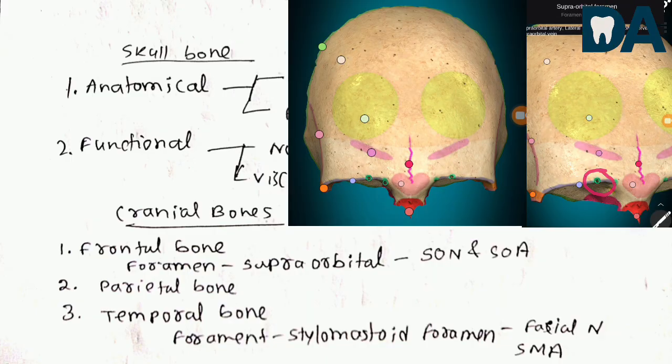Frontal bone. The frontal bone is the bone of the forehead and it forms the anterior roof of the skull. It extends down anteriorly to form the upper margin of the orbit.